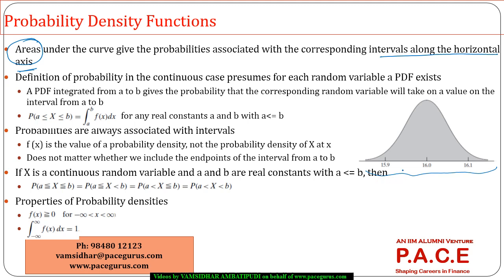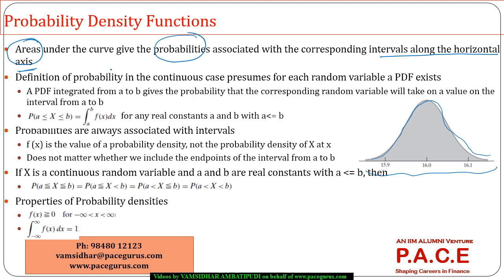And instead of plotting heights like your histogram in the discrete case, we will take a curve. The area underneath the curve will give you the probability, and that is what we call a probability density function. It's a kind of expression, the graph of which, if we plot, gives the area under the curve, giving me the probability associated with that particular function.